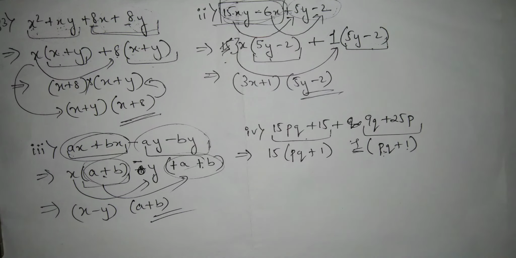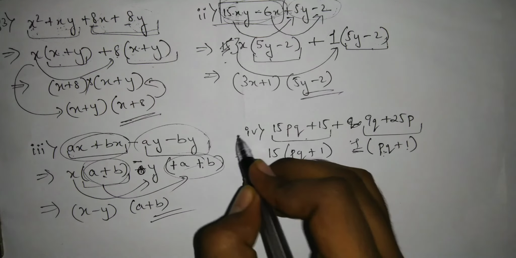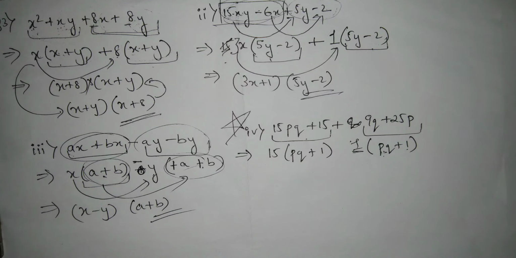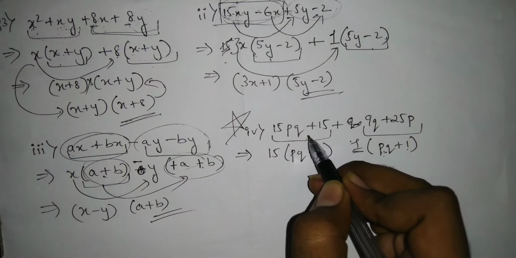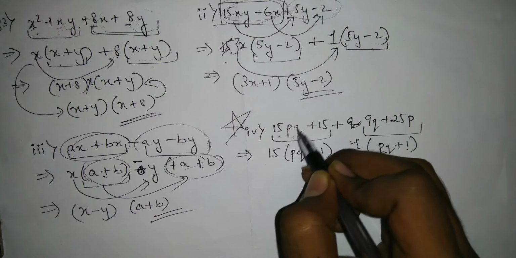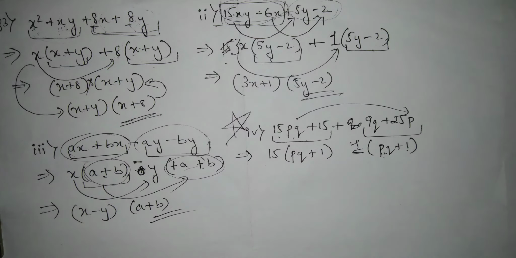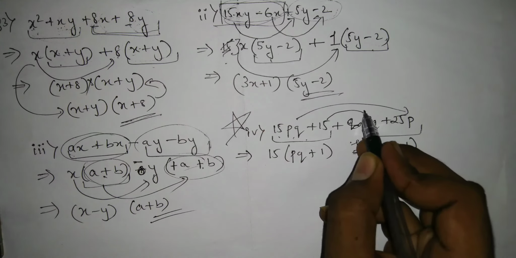So it's not possible to take pq plus 1 here. This is a major thing. So this question is a different one, and here you have to group in a different way. So what will I do? I'll group 15pq with 25p, and 15 with 9q.